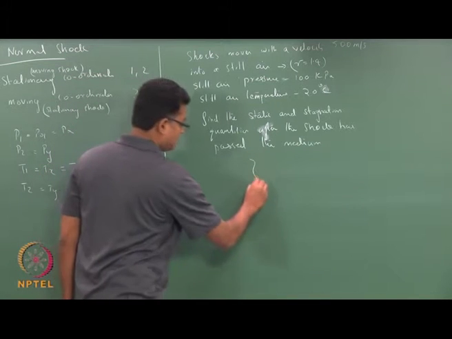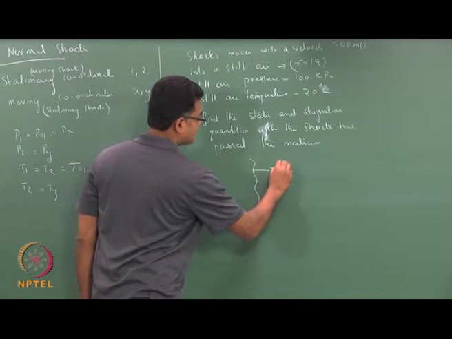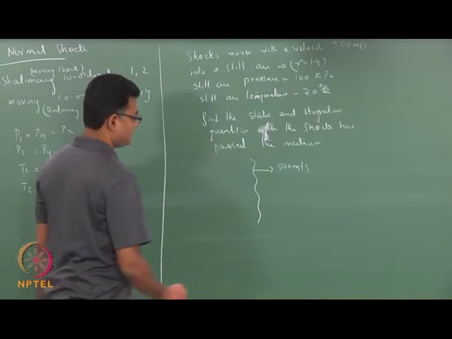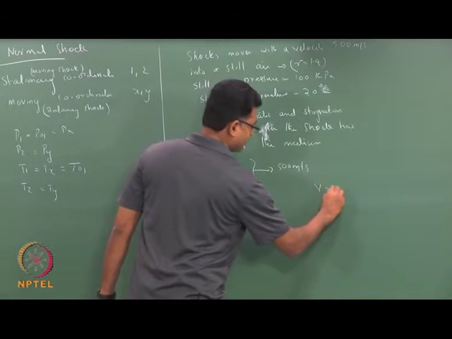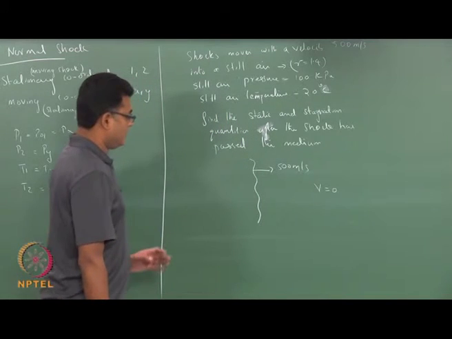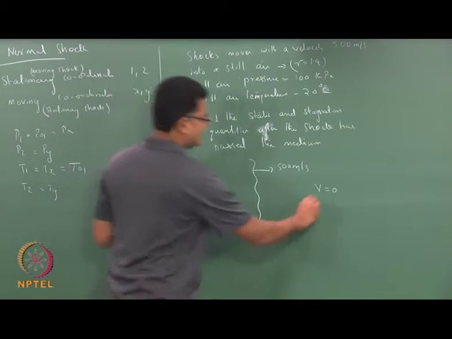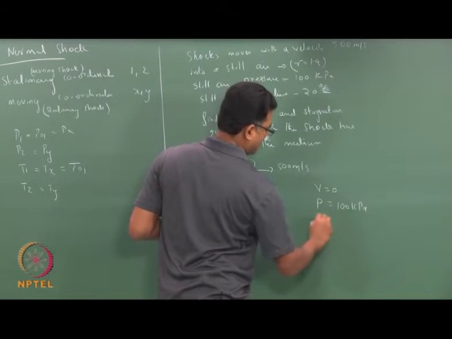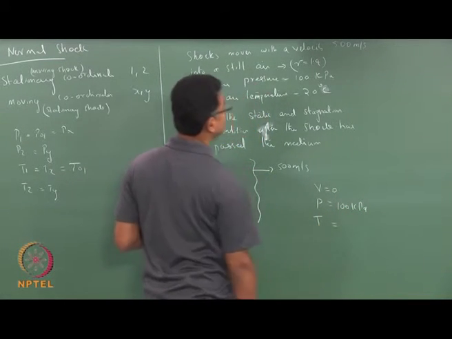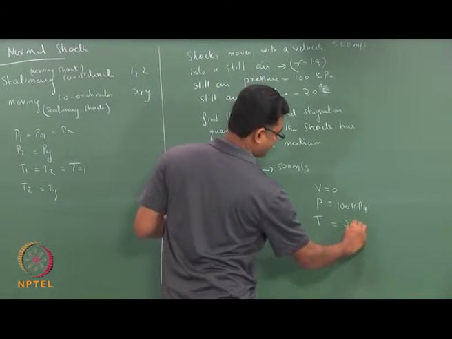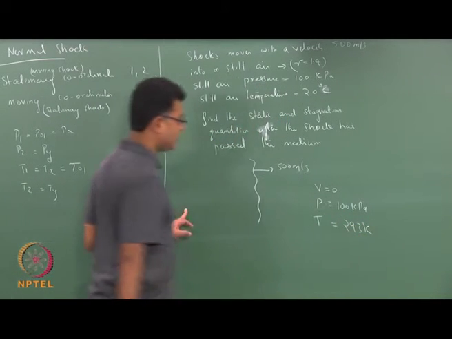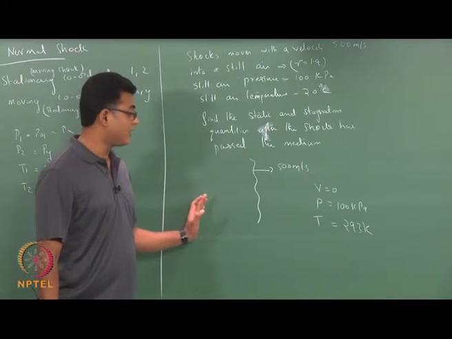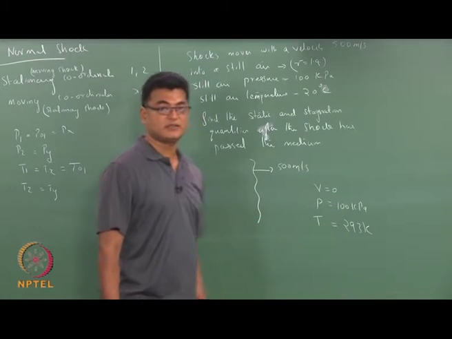So I have a shock that is moving with velocity 500 meters per second. Okay, it is moving into a still air, and still air property is given. P is 100 kilopascal and temperature is 293 Kelvin. So as it passes, it changes the properties here. So what is the property after the shock has passed?